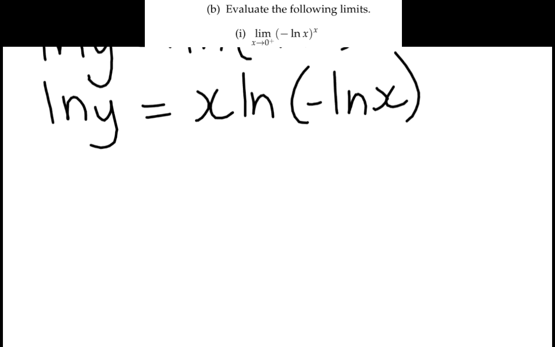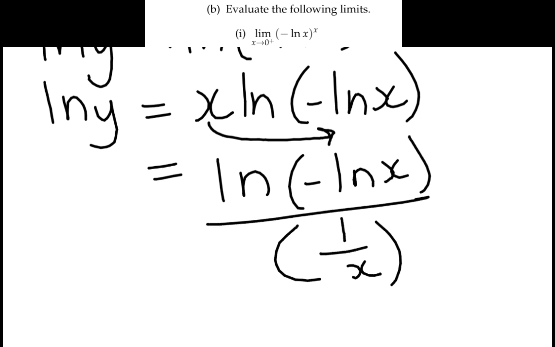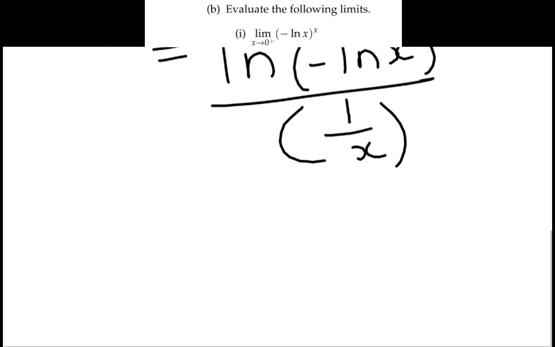Now we can rewrite the right hand side. We can take the x and write it down at the denominator. So this is going to look like this: ln of negative ln x over 1 over x. Now we can take the limit as x approaches 0 for both sides.